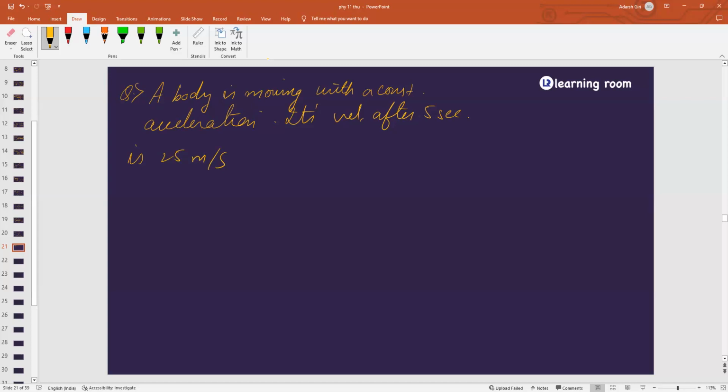And after 8 seconds, it is 34 meters per second.